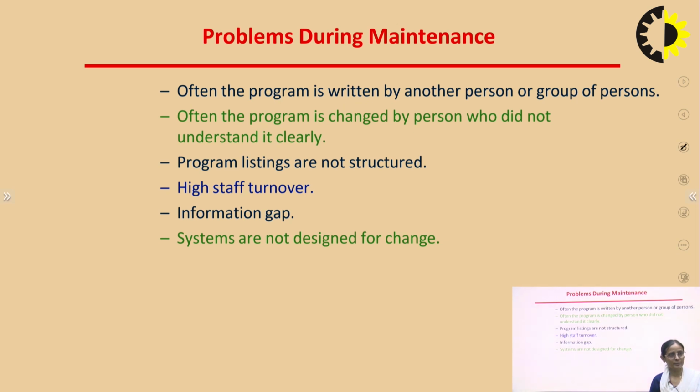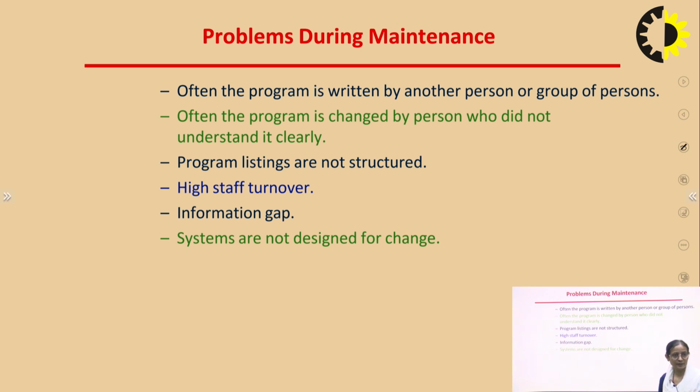What are the problems encountered during maintenance? Often the program is written by some other person or a group of persons, and often the program is changed by a person who did not understand it clearly. Sometimes the program listings are not structured, and there is high staff turnover, which is another challenge. Then there is an information gap between the group of persons who designed this software and the maintenance team.